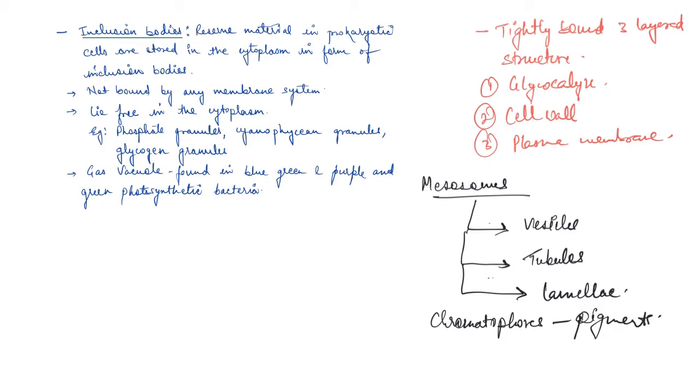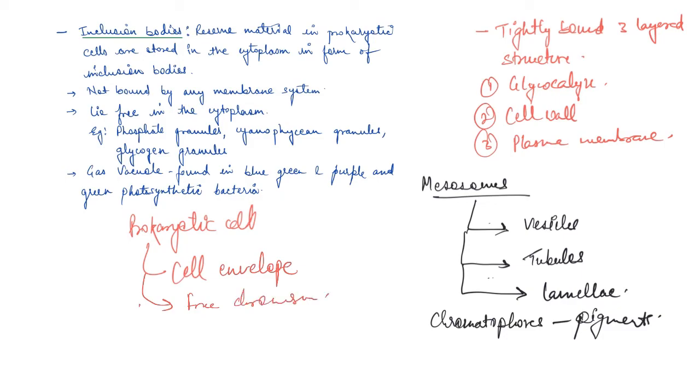So what we covered today is that a prokaryotic cell is made up of a cell wall, right? Not exactly cell wall, I must say cell envelope. Then you have the chromosome material lying freely.